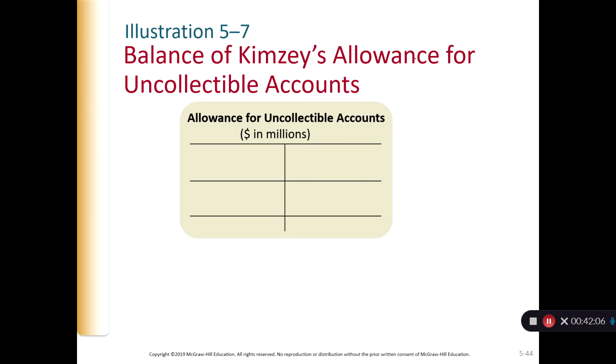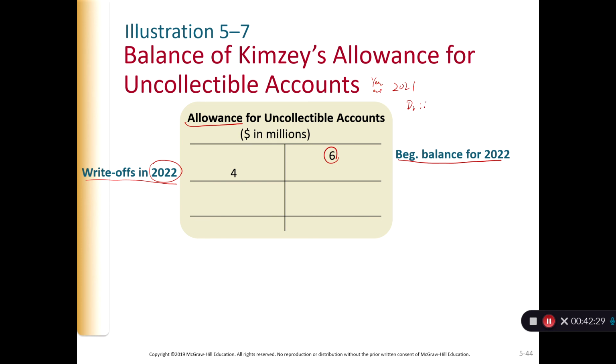So this is the balance of Kempsey's allowance for uncollectible accounts. At the beginning of 2022, remember the 2021 estimate is 6 million uncollectible. During 2022 we write off 4 million. So I will write it down. At year-end 2021, we estimate the bad debt expense for 6 million and credit the allowance for 6.